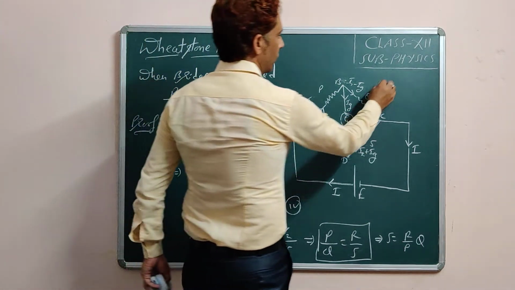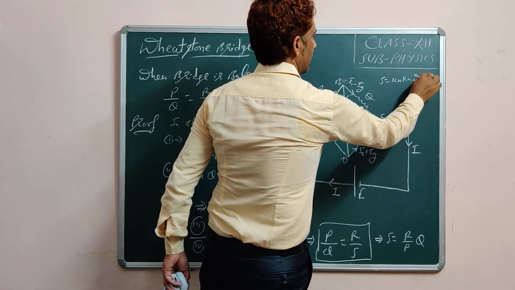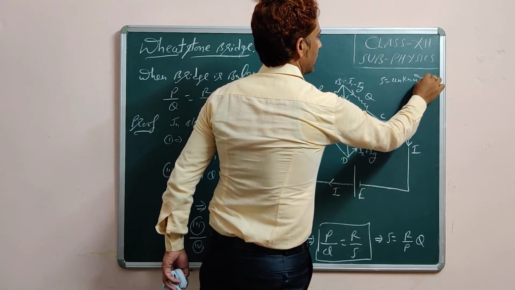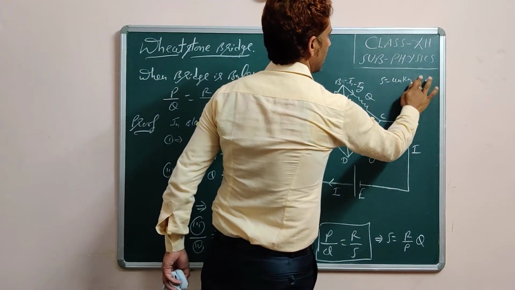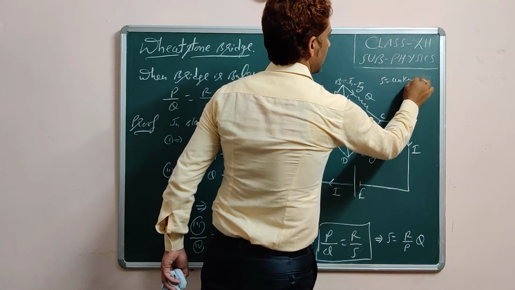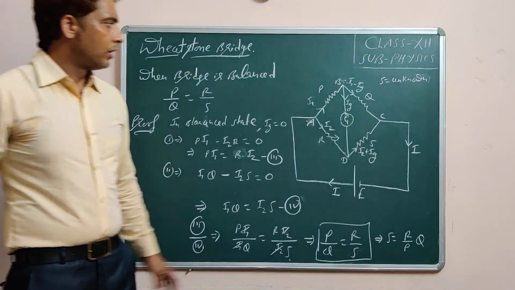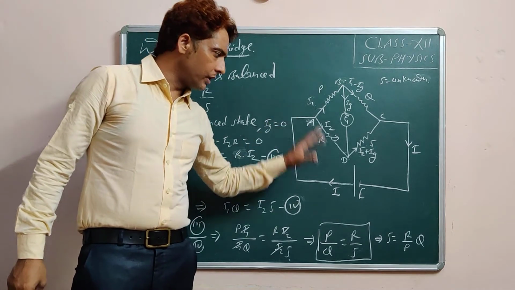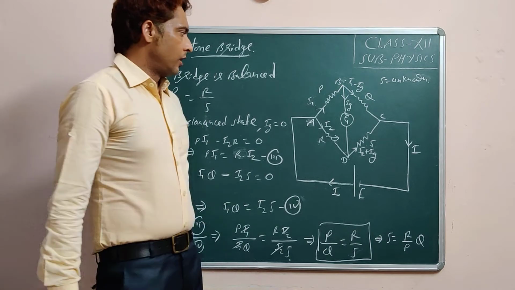S is unknown. This is the unknown resistance. So the value of unknown resistance can be determined using this Wheatstone bridge principle.